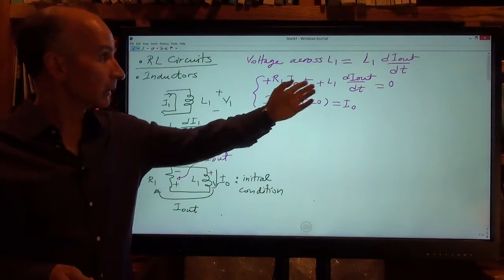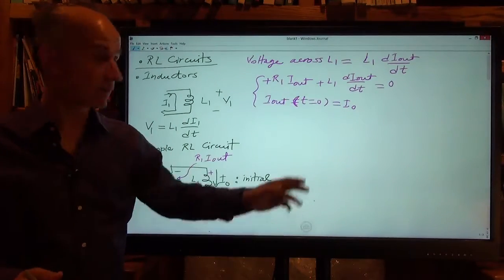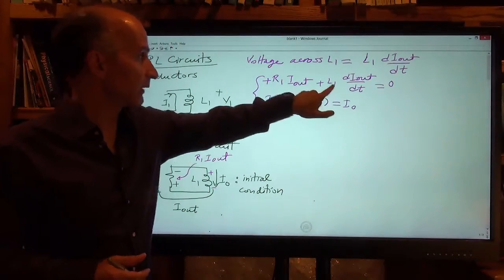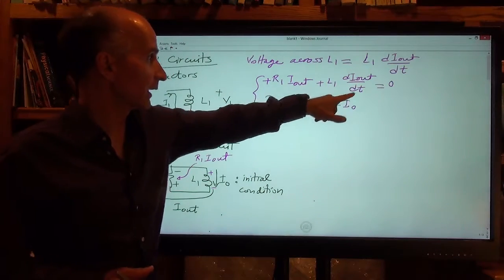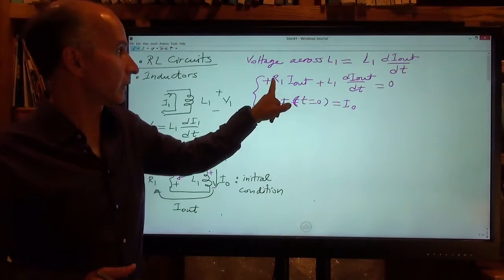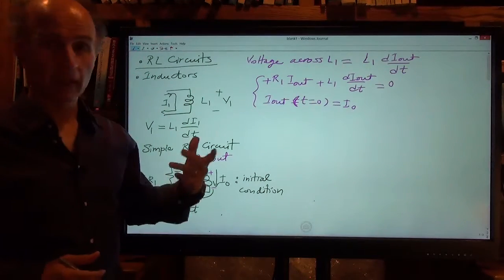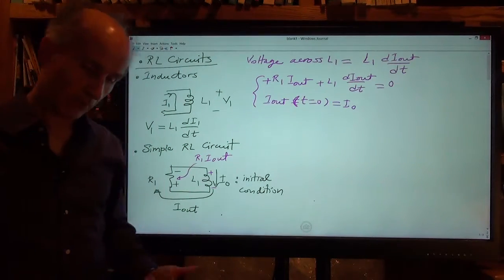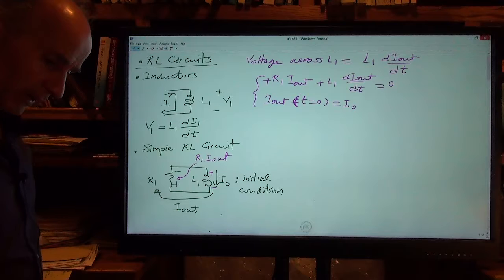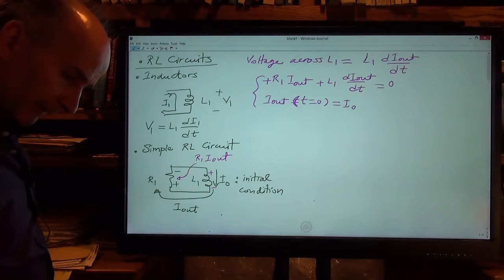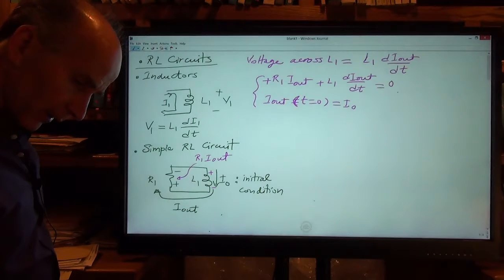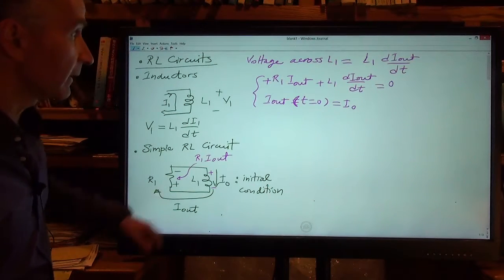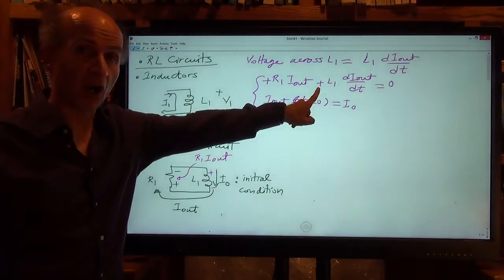That's pretty simple. So again, we move things around. We take this guy to the other side, divide by L1, cross multiply, so we'll have dI out over I out, dt over minus R1 over L1, and we write our logs and all that. So it's pretty simple, right? Okay, so let me just make sure that there's one little difference with respect to the RC circuit.